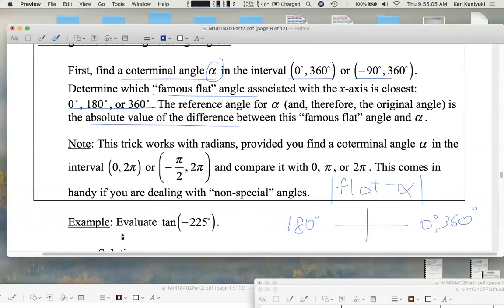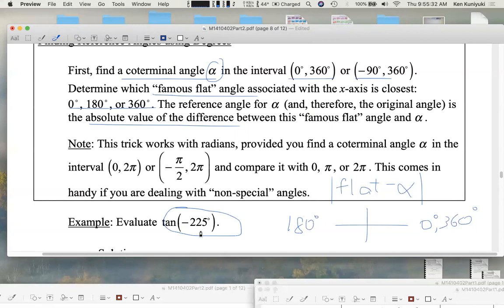So for example, let's evaluate the tangent of negative 225 degrees. Right off the bat, you might want to convert negative 225 degrees to radians and use the procedures we've used before. That might be easier. But let's say that you want to stick with degrees. Well, there's a problem. Negative 225 degrees is a pretty bad negative angle. I'm sure we'll want a coterminal angle.